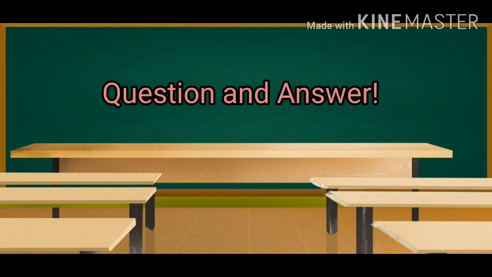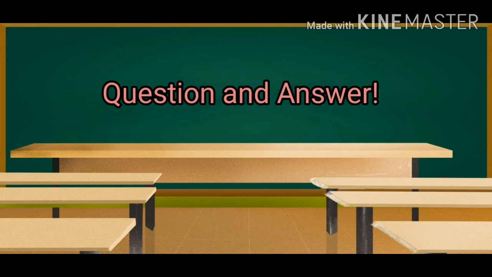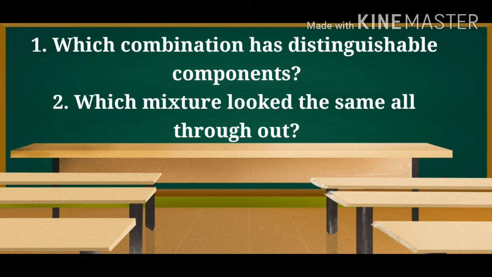Now that we're done with our activity, let's try to answer the following questions. Kindly write down your answers in the provided answer sheet. Number 1. Which combination has distinguishable components? And number 2. Which mixture looked the same all throughout?